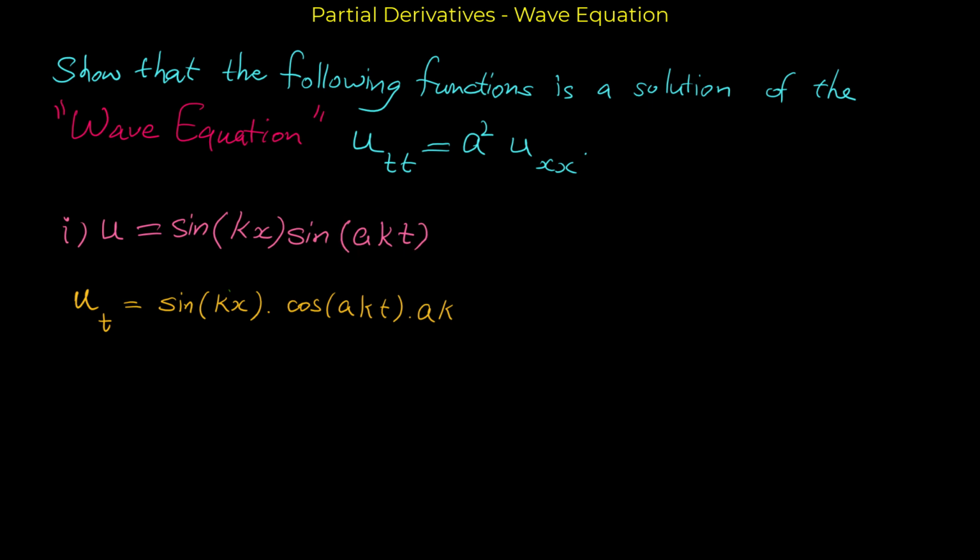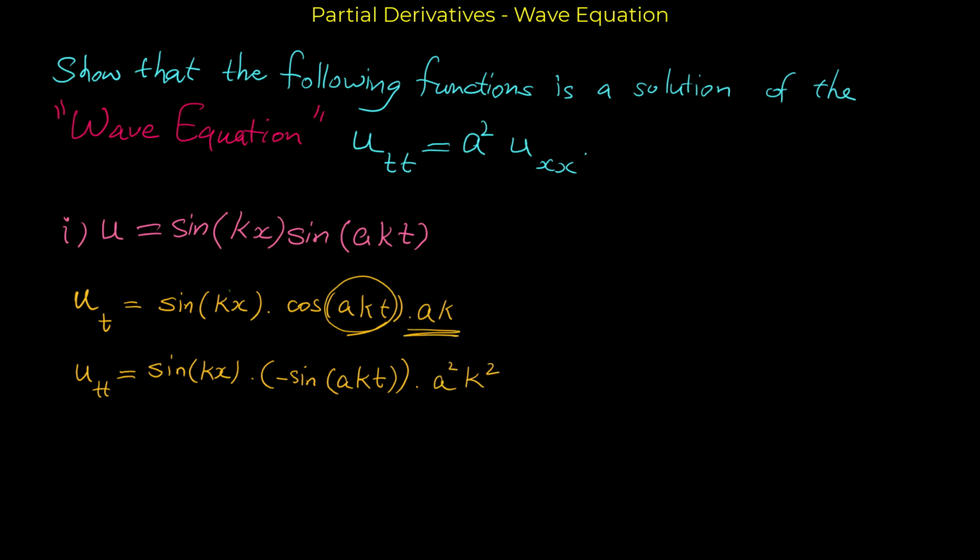Now, we have to find the second partial derivative, utt. For finding the second partial derivative, again we leave sine of kx here. The derivative of cosine akt is negative sine of akt. Don't forget to multiply again by the derivative of the inside, which would be ak, times this ak that we have here would be a2k2.